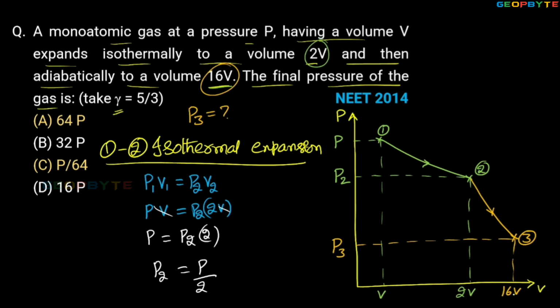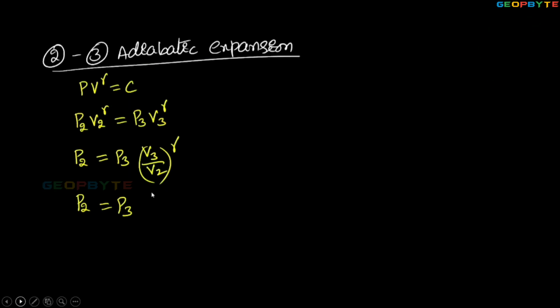V3 by V2, V3 is 16V, and V2 is 2V, right? V3 by V2, yes, correct. 16V by 2V power gamma. Gamma is given as 5 by 3.